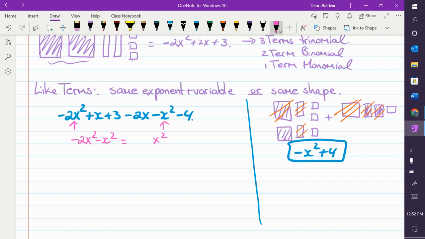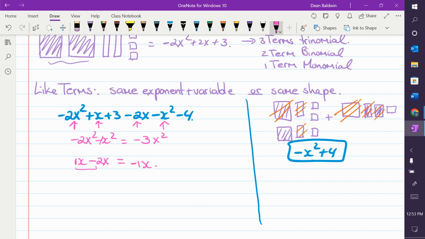The only thing that changes are the coefficients. So negative 2 minus 1 is negative 3. These two are the same, so x minus 2x: 1 minus 2 is negative 1, or negative 1x.